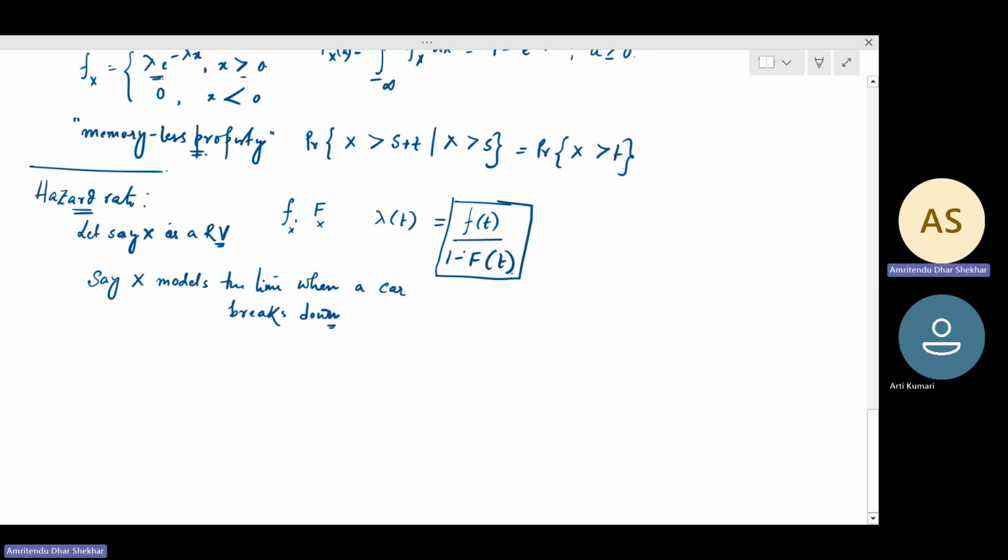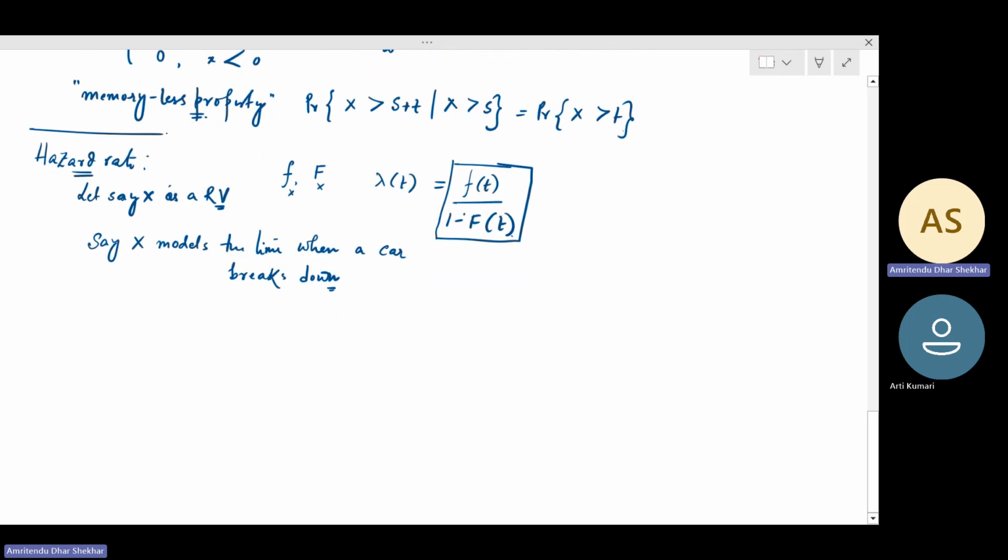So you have this car, and x is a random variable which models the time when the car will break down. Okay, x is obviously a positive random variable.